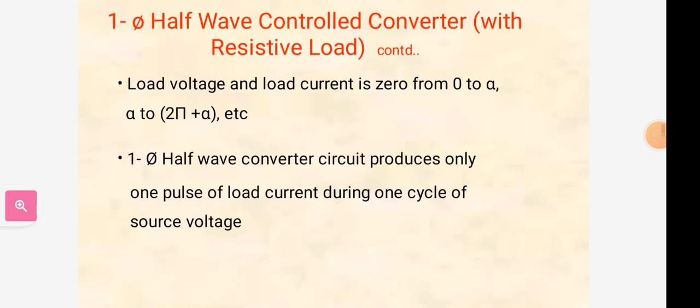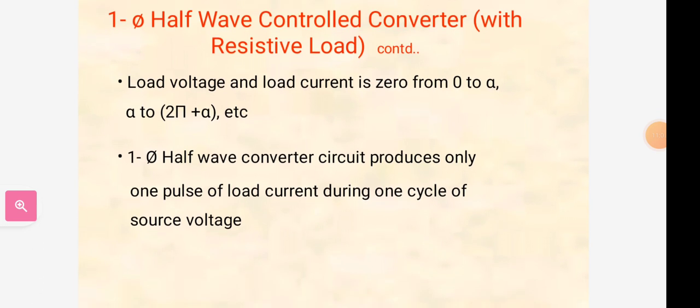Also, the load voltage and load current are 0 from 0 to alpha, and 2 pi to 2 pi plus alpha, etc. The single phase half wave converter circuit produces only one pulse of load current during one cycle of source voltage.